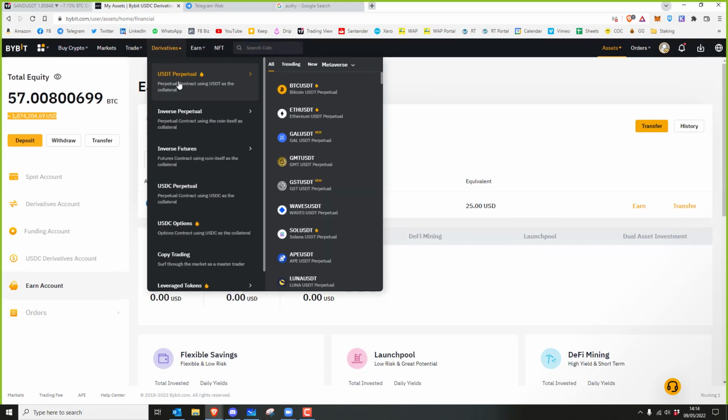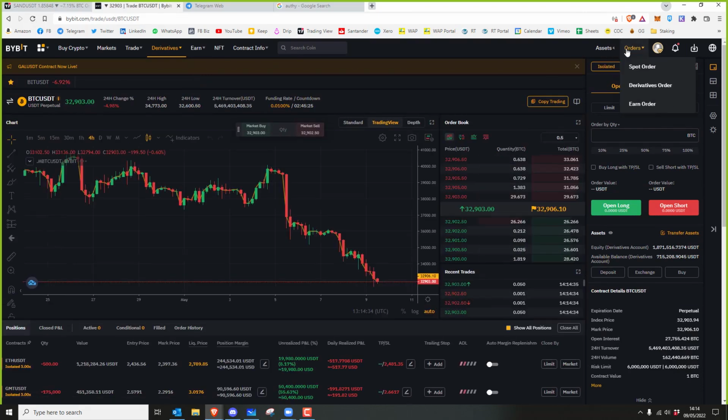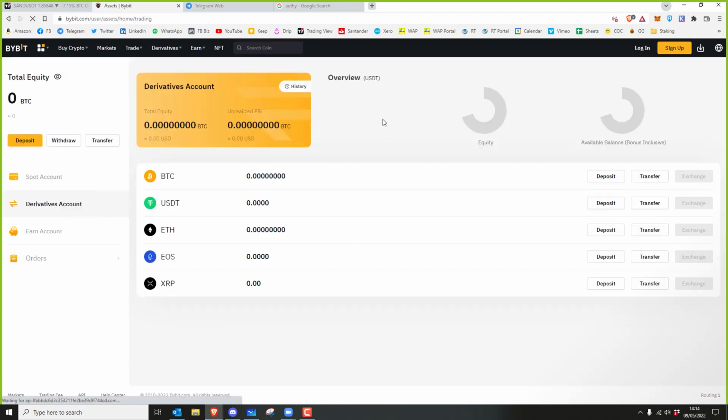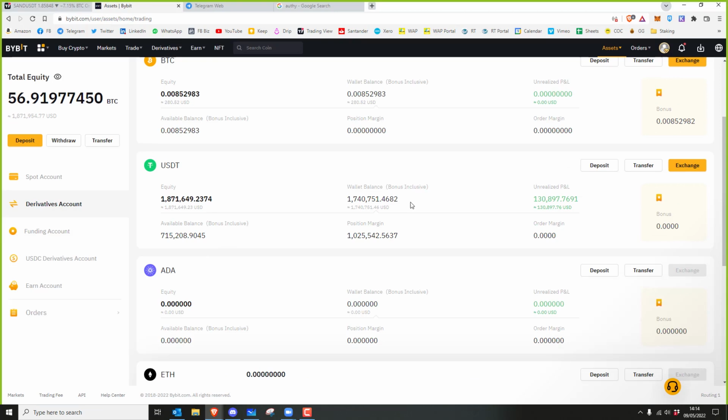But what this means is that you can fund your Bybit trading account, let's call it, with USDT as collateral. Sorry, in fact, let's just go back to my Derivs account here. USDT, you can put whatever money in here, and then you can place trades and it'll use whatever's in this USDT wallet to place and facilitate your trades.